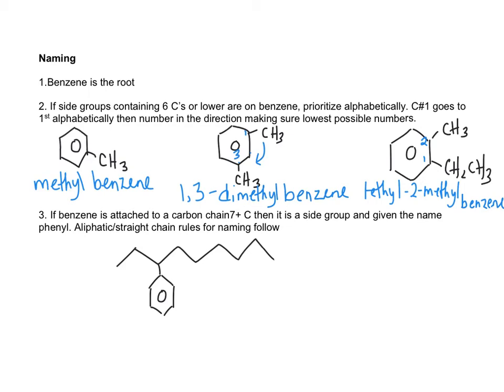So 9 is bigger than 6. There's no double or triple bonds, so this is nonane. This is the alkane with 9 carbons. And the side group is on carbon number 3. So this would be 3-phenylnonane.